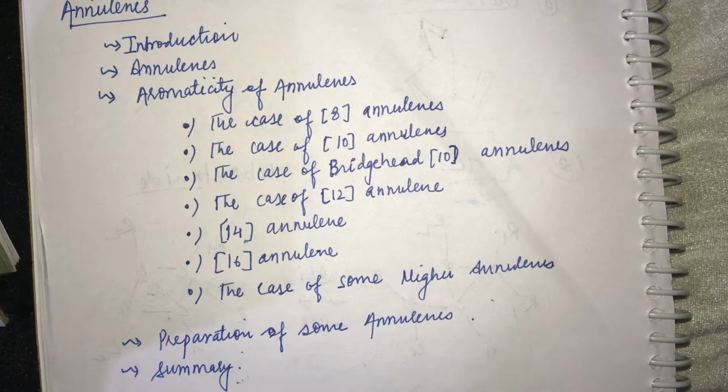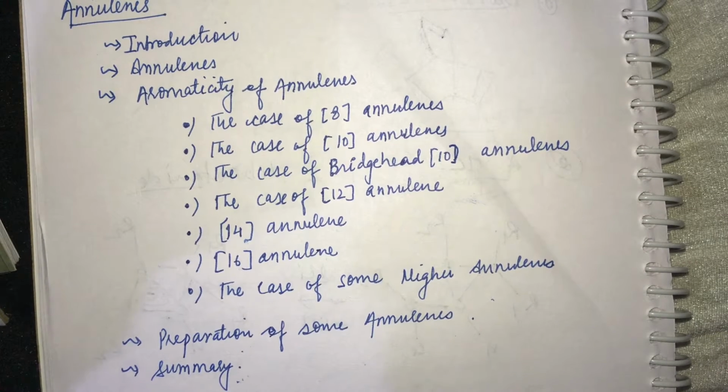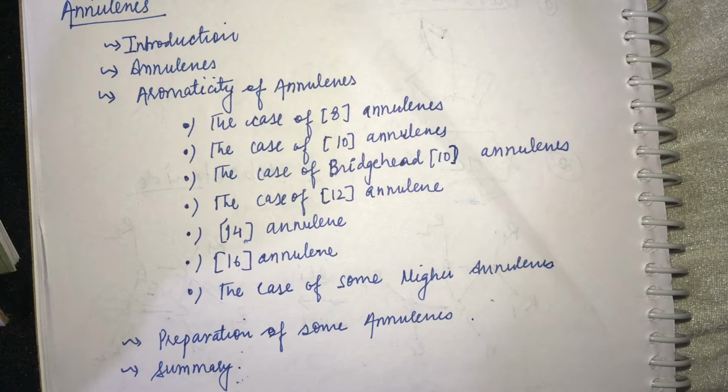These conditions will be fulfilled by an aromatic compound. But the delocalized pi electrons must also total 4n plus 2 pi electrons, where n is a whole number: 0, 1, 2, 3 and so on. When we put n equal to 1, we get 6 pi electrons. With n equal to 2, we get 10 pi electrons, and so on.